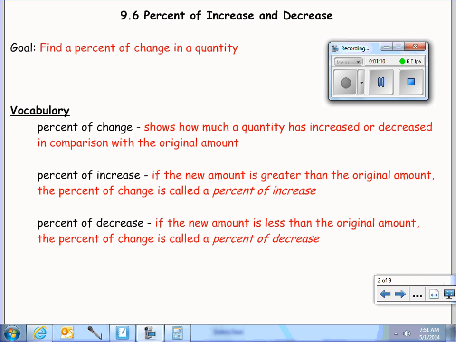Percent of change shows the amount of quantity has increased or decreased in comparison with the original amount. Percent of increase is if the new amount is greater than the original amount, the percent of change is called a percent of increase. If the new amount is less than the original amount, then the percent of change is called a percent of decrease.